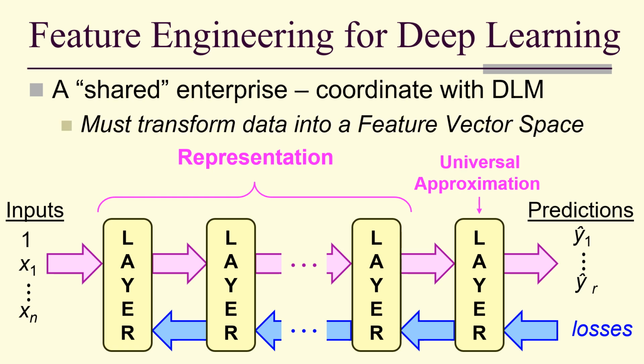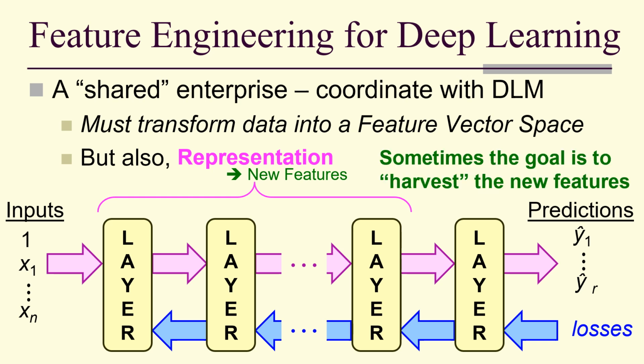You have to transform your data into a feature vector space, and often you have to do that yourself, independent of any deep learning algorithm. But also, you can get new features from the representations that are learned by the deep learning model. And sometimes the goal is to do this learning and then harvest the new features from the deep learning model.